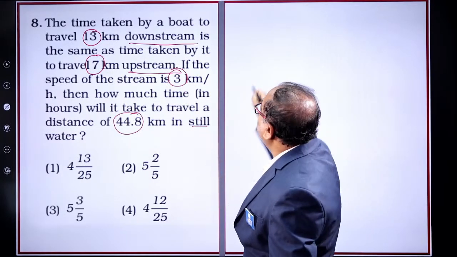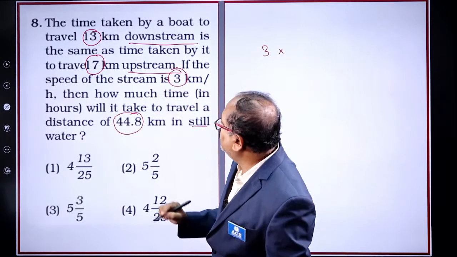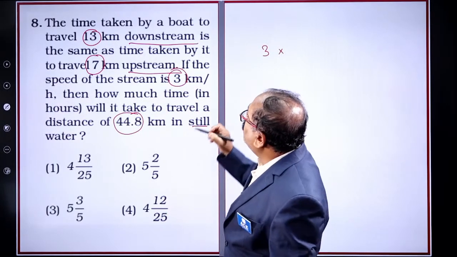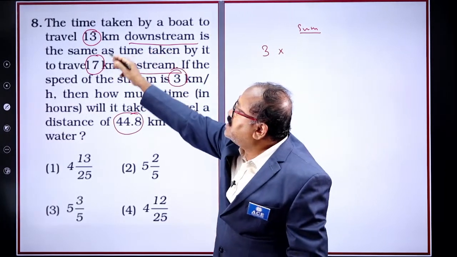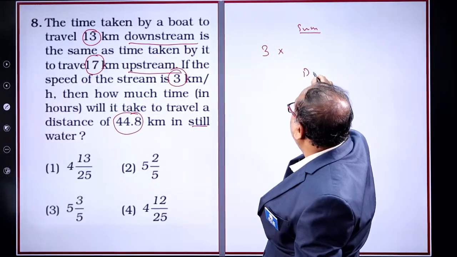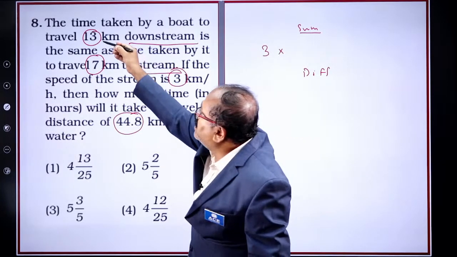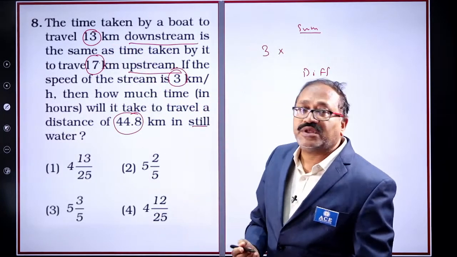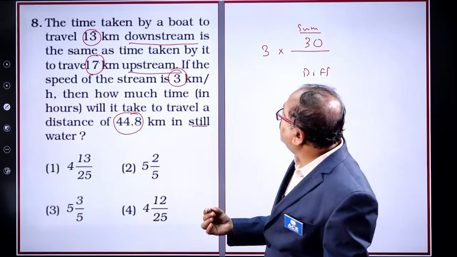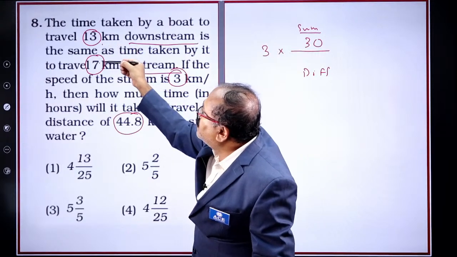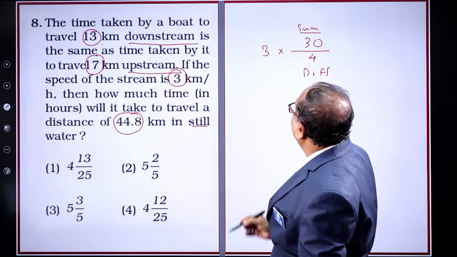The speed of the stream is 3, into, as I need to find out the speed of the boat, I will take the sum of the distance travelled in the numerator, and in the denominator the difference of the distance travelled.